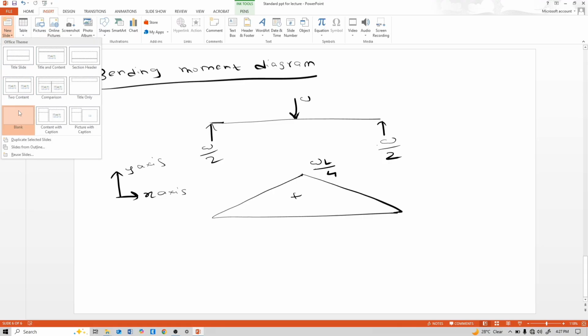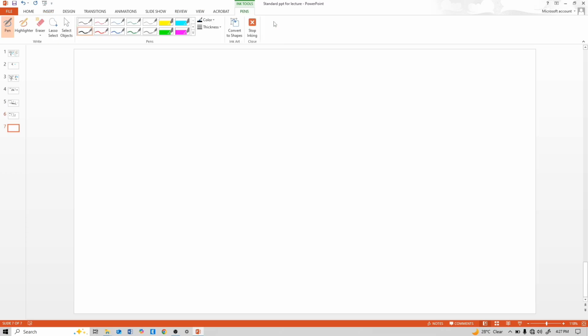Now next is the point of contraflexure. This point of contraflexure is also known as the point of inflection.